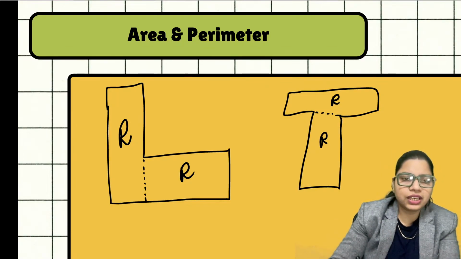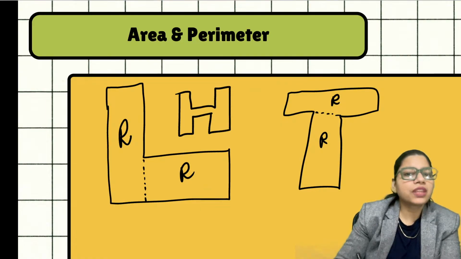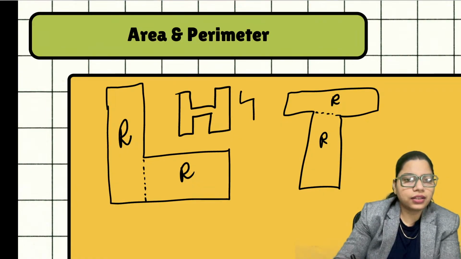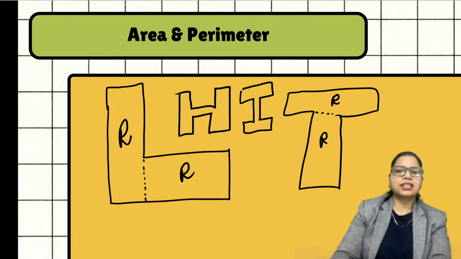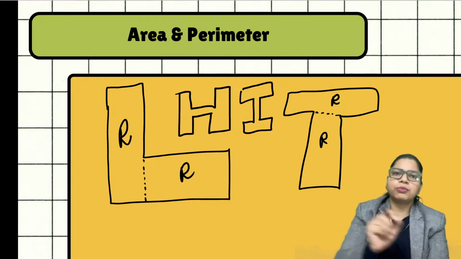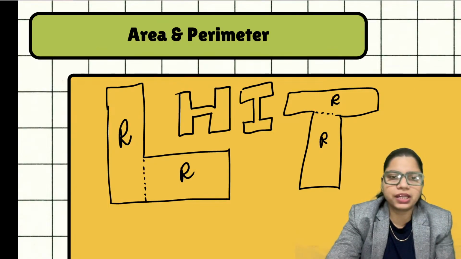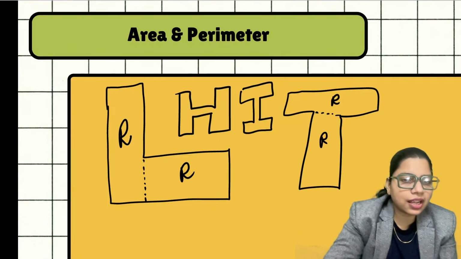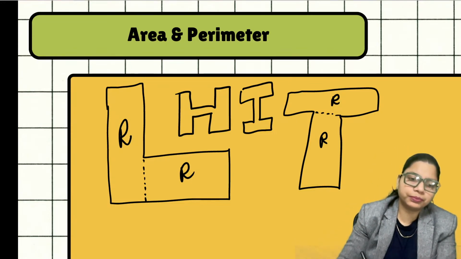In the same way, we can have H, okay, we can have I, and whatever you can make using rectangles, or your own thought using straight lines, that would be a rectilinear shape. Rectilinear shapes don't only include rectangles or squares. You can take any shape.